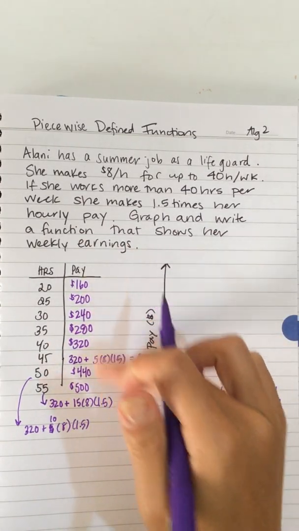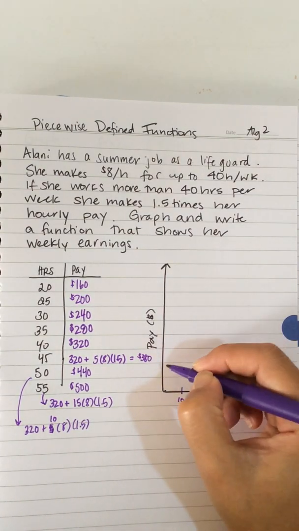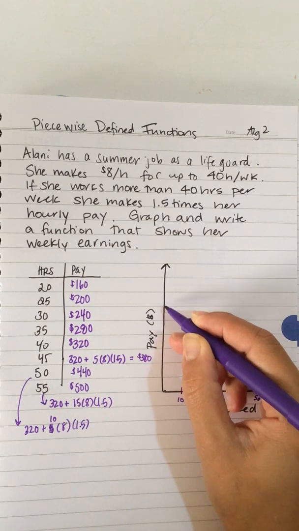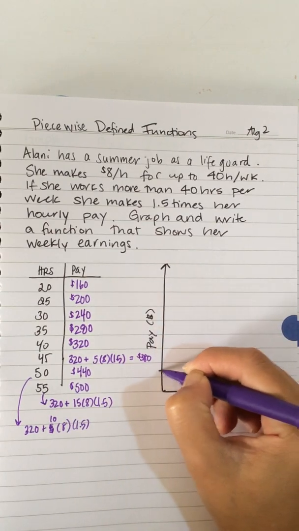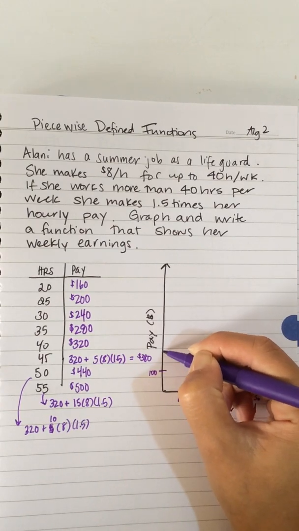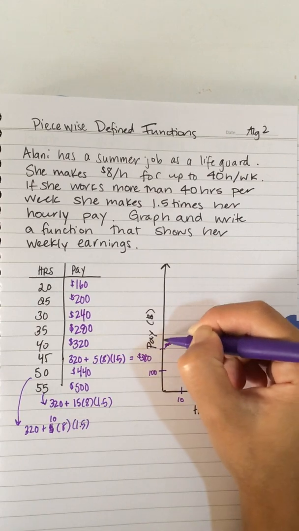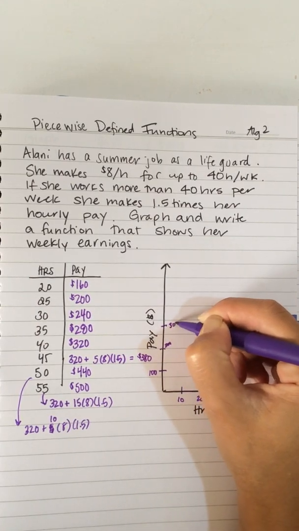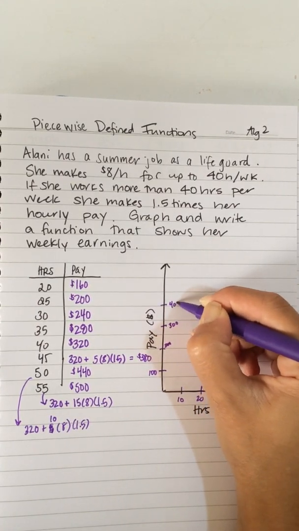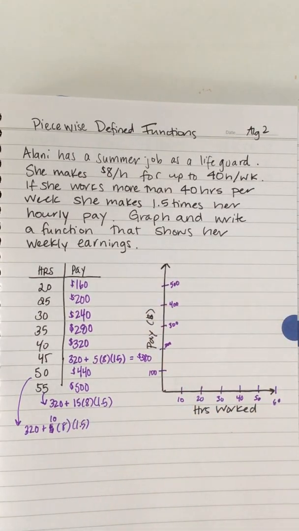My pay is going from 0 to 500-ish, so let's just go by hundreds here: 100, 200, 300, 400, 500. Okay, so that's dollars.